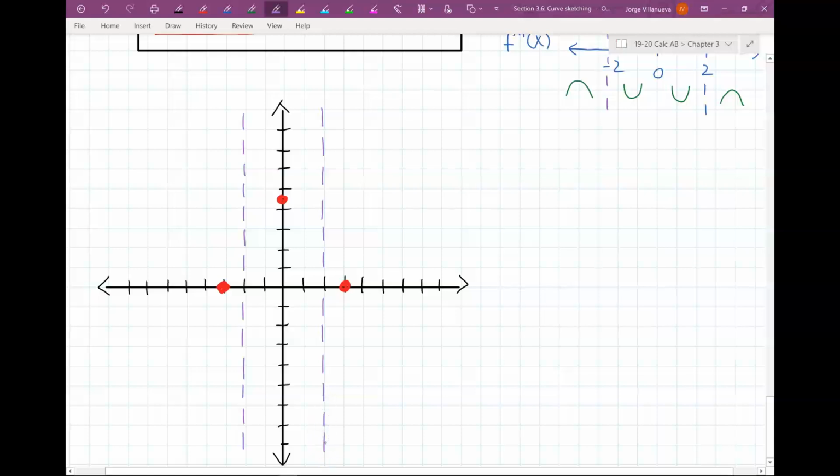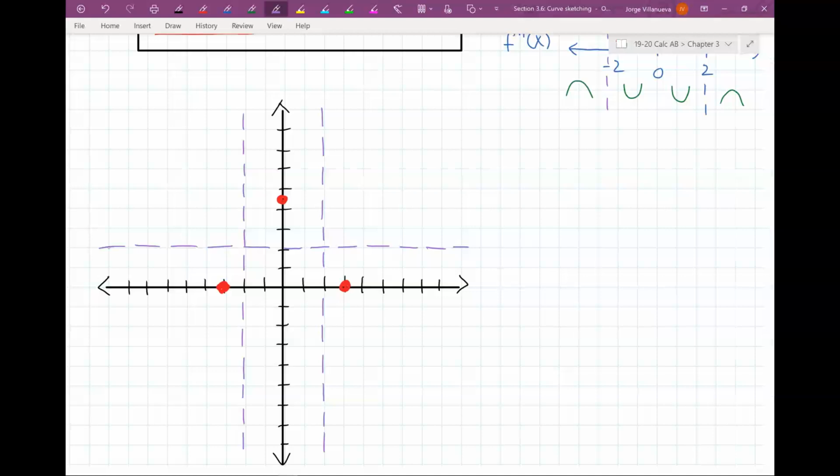Okay, what was my horizontal asymptote? 2. Now just real quick, can you see how I'm going to have to pass through these points, right?